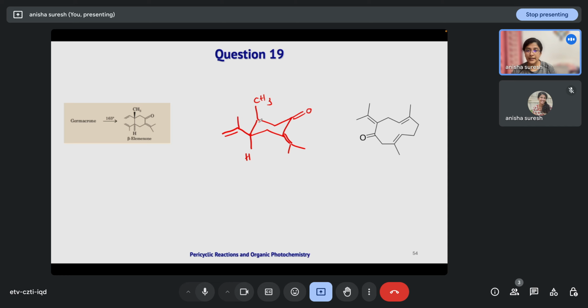Methyl will be coming like this. This methyl will be coming like this.